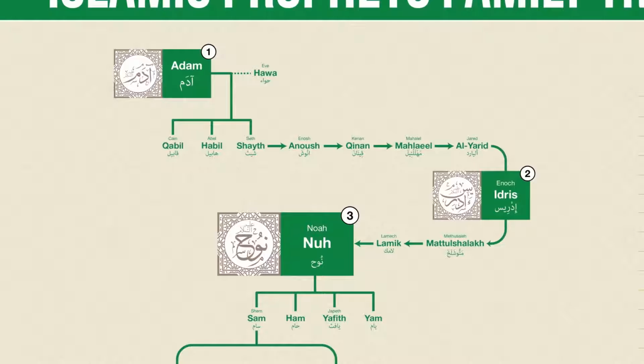But as the story goes, Qabil got angry because he felt that his own twin sister was more attractive, and therefore he wanted to marry her instead. This, along with other reasons, eventually led to Qabil killing his younger brother Habil. Thus, the line continues through a third brother, known as Shaith or Seth.